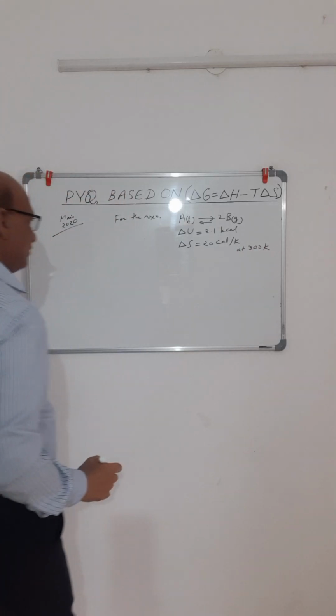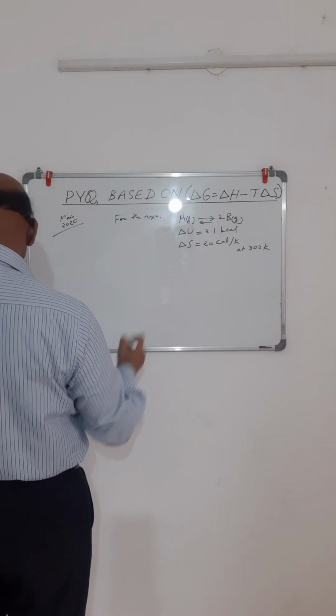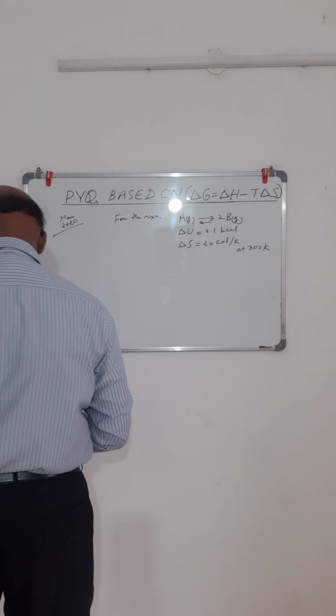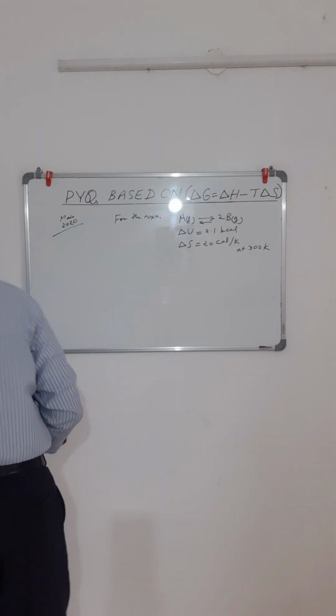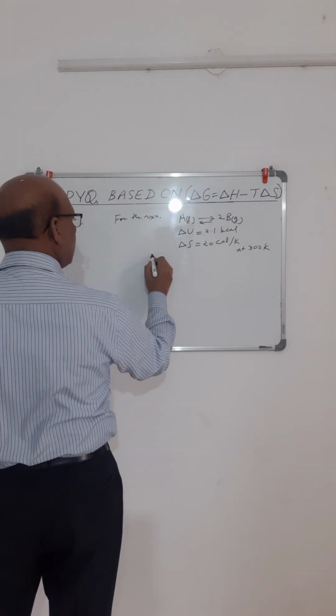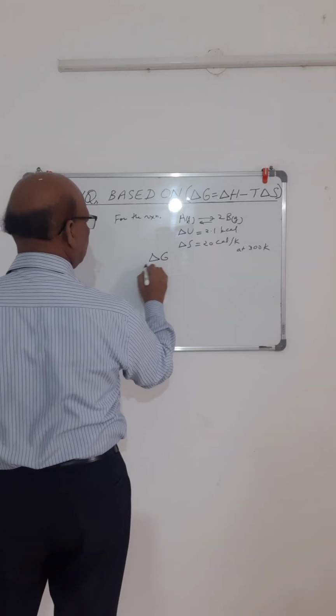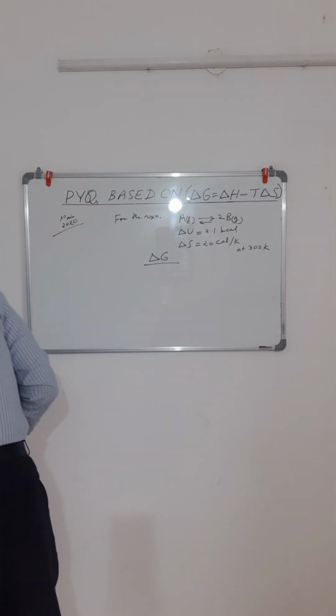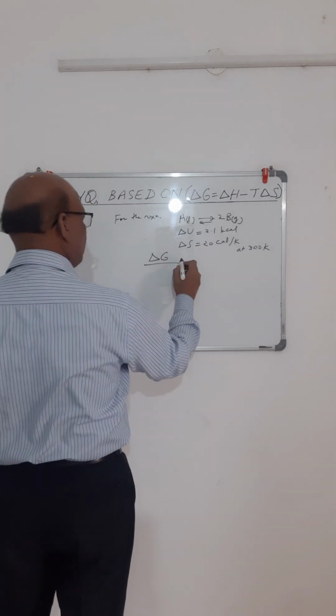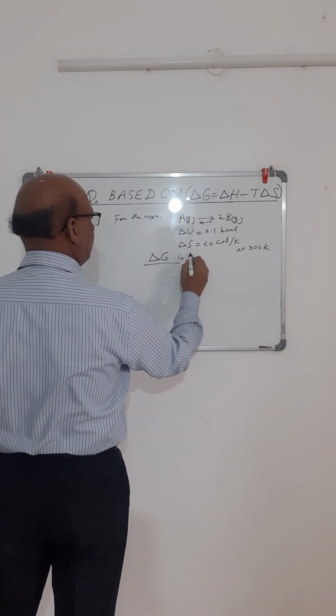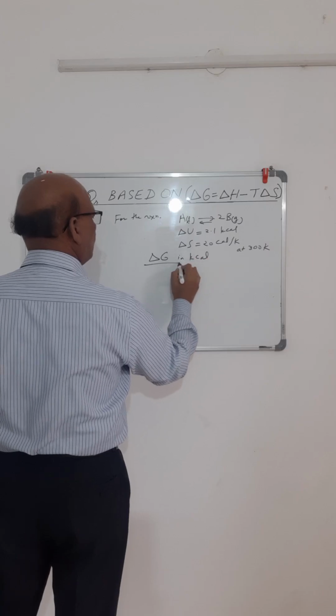So temperature, delta U and delta S are given, and what is required is delta G, to be calculated in kilocalorie.